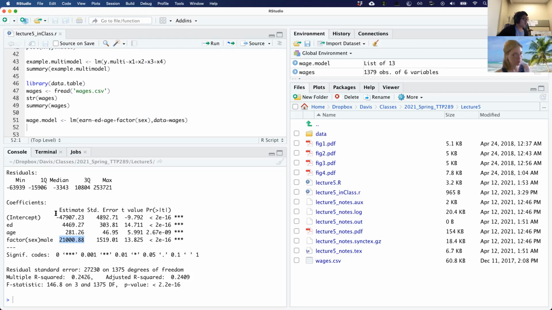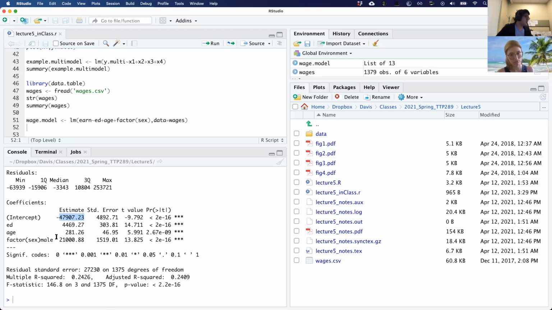So we need to extend our interpretation of the intercept to be: if you have 0 years of education, if you are 0 years old, and if you are female, then you would make this amount of money.